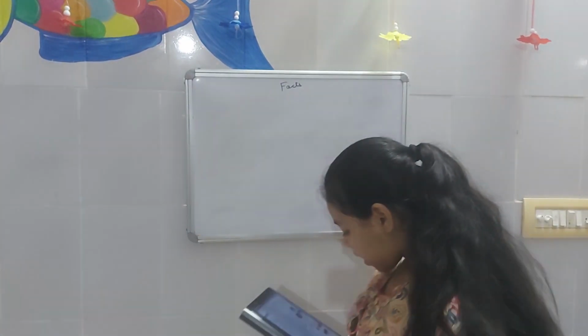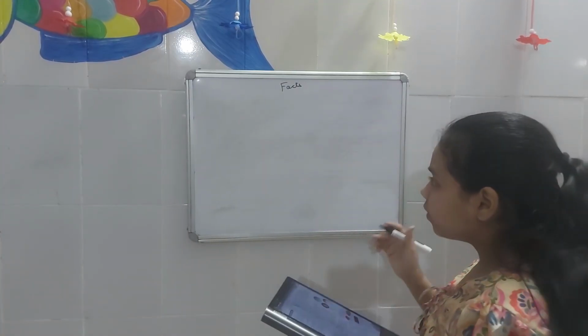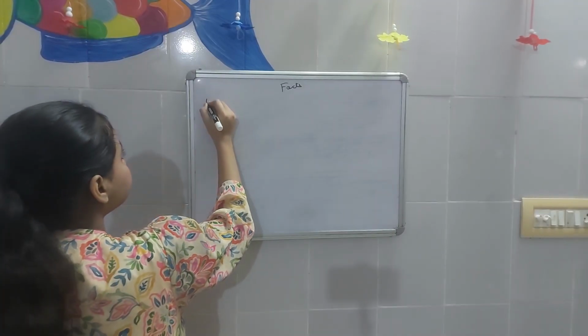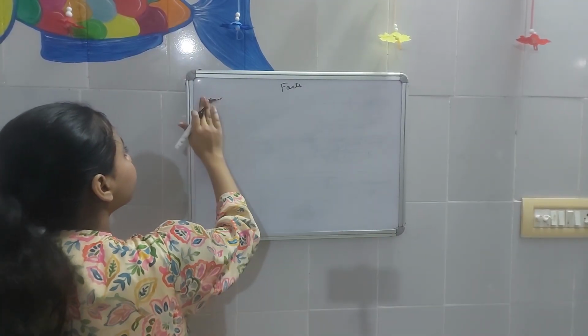So the biggest fact is that even the moon or the planets are non-luminous objects.